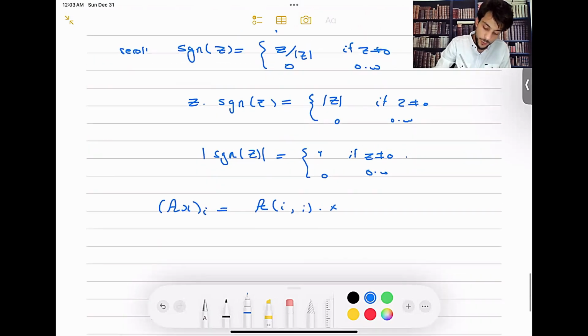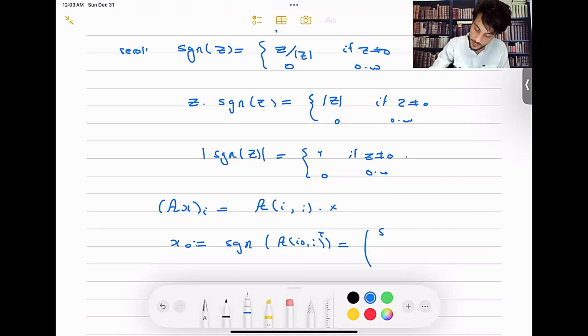Okay, and now let's observe what happens if we take x0 to be the signal of the vector ai0, the vector being the i0th row of A transpose, and this is just like the vector where we're taking the signal of each entry.